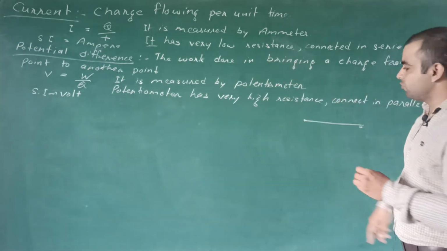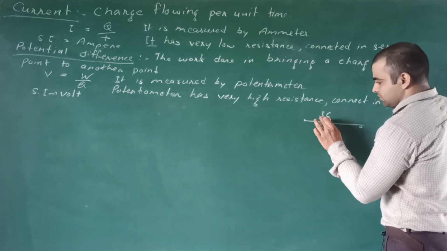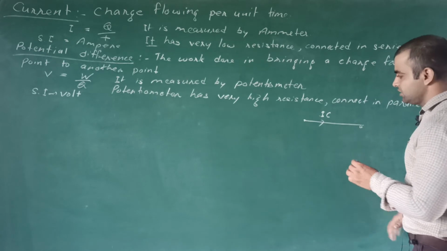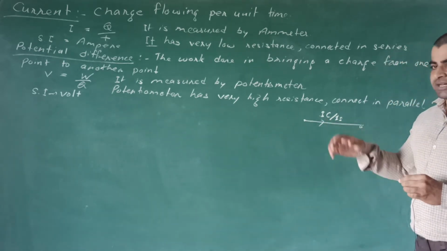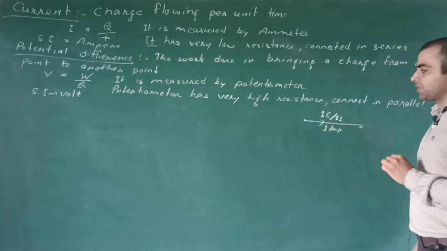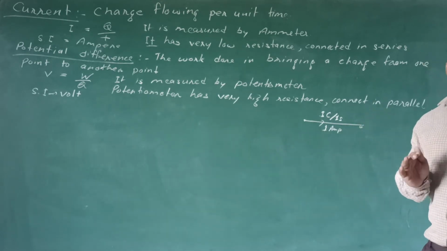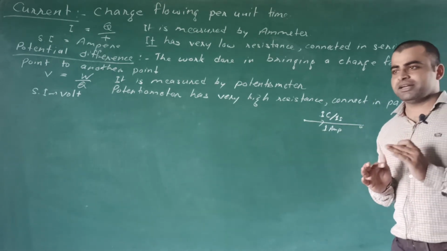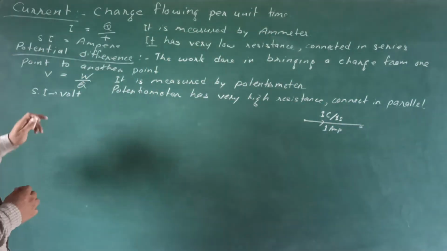Current is said to be 1 ampere when 1 coulomb of charge is flowing in 1 second through a conductor.